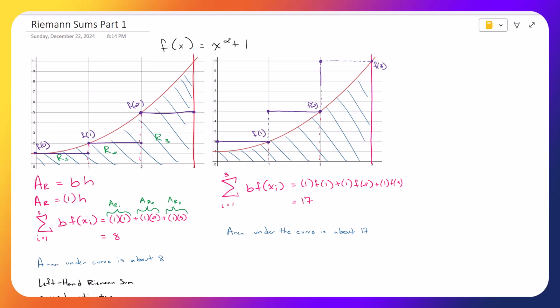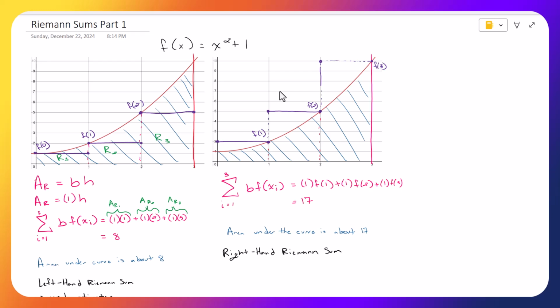Hopefully just by looking at this you can tell that we are overestimating because now we have all this extra space here and this extra space here and this extra space here. So we are overestimating because f is increasing still.